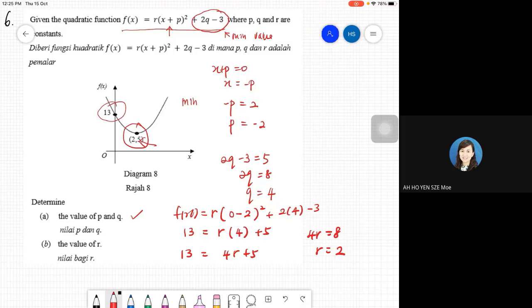Sebenarnya soalan ni 4 markah. Actually there are 4 marks for this question. Here 1 mark, your P, and here got 1 mark. From the part B got 2 marks. Sebab dia perlu ganti di sini. Kat sini boleh dapat 1, jawapan akhir dapat 1. So jumlah adalah 4 markah. So correct function ni dalam soalan graf paper 1 biasanya dia mengambil markah sama ada 4 markah atau 3 markah.